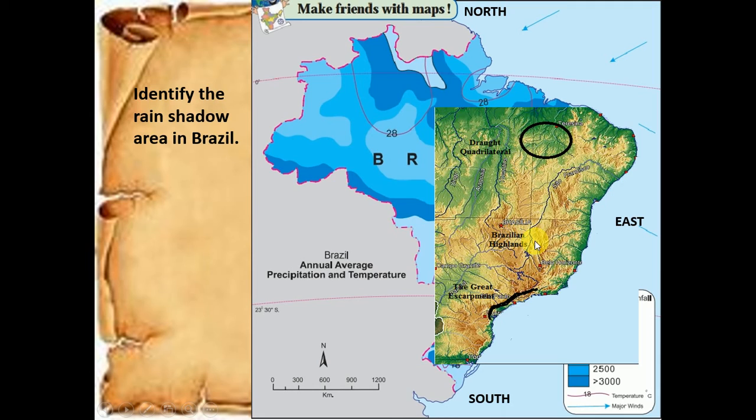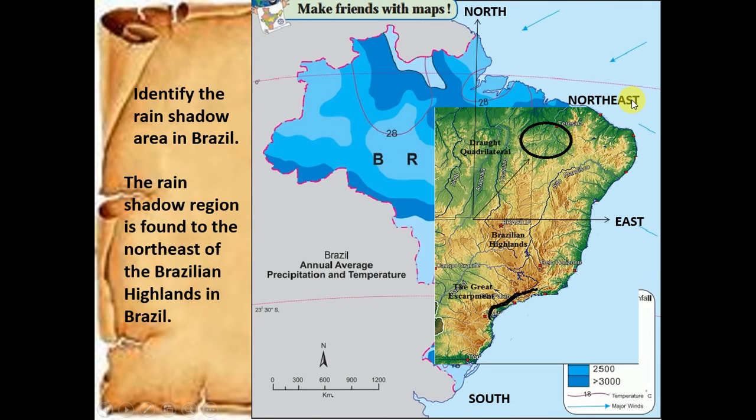So when the winds travel to the other side, they become dry, and that area, the leeward side area, the one which I marked in a circle, becomes the dry area. It does not receive rainfall. It is also known as the drought quadrilateral. Now it lies in the northeast. So we say the rain shadow region is found to the northeast of the Brazilian highland in Brazil.